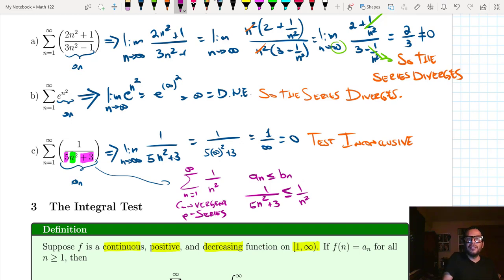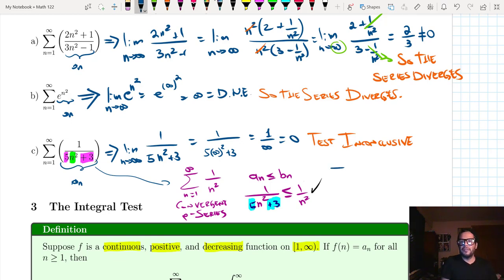In this case, this happens to be true because look at the denominator. Multiplying n squared by 5 and then adding 3 to that number will make the denominator way bigger, and a denominator that is way bigger gives us a total quantity that is way tinier. So tiny is less than or equal to something small.